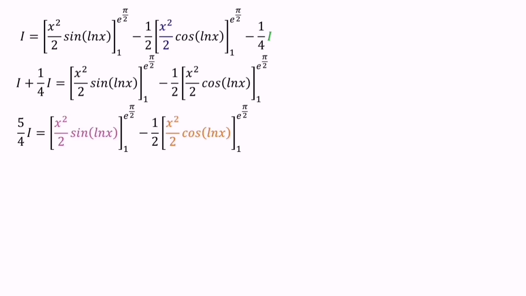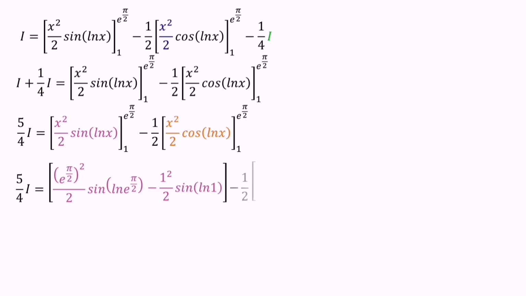Let's substitute these limits into our function. First, upper limit: e to the power of pi over 2 all squared over 2 times sin(ln e to the power of pi over 2), minus the lower limit 1 squared over 2 sin(ln 1). Minus half again: first upper limit e to the power of pi over 2 all squared over 2 cos(ln e to the power of pi over 2), minus lower limit 1 squared over 2 cos(ln 1).